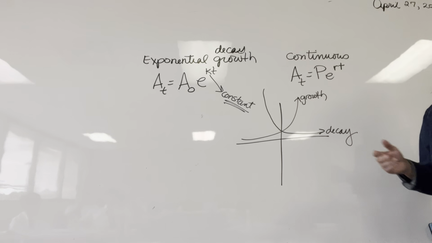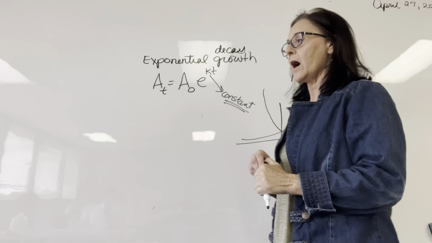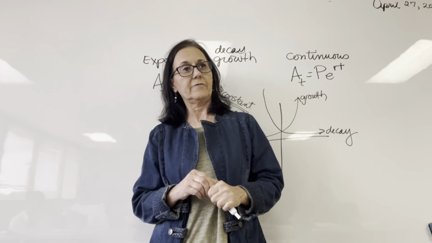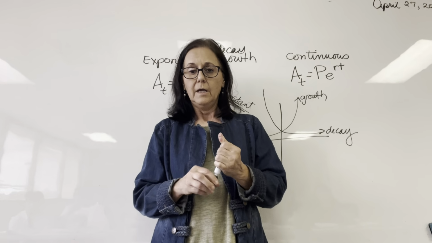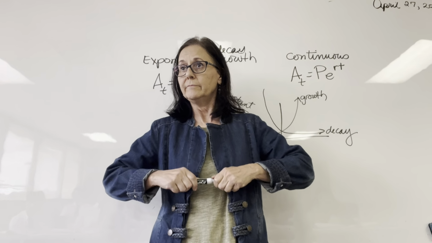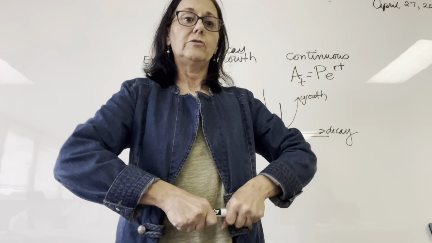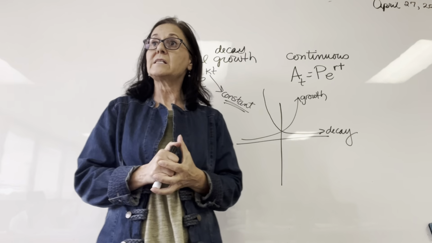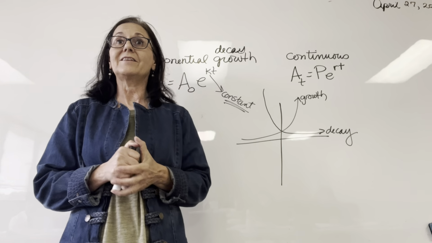Things that decay over time include radiation. Radiation decays over time. So when Chernobyl had its explosion, they would have used this formula to decide when it was safe for people to go back into the area.